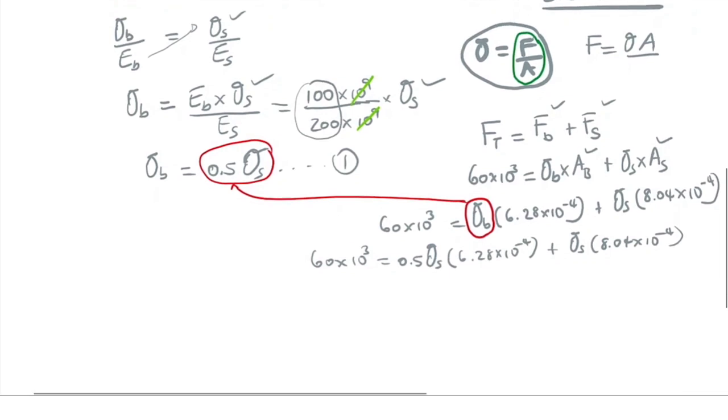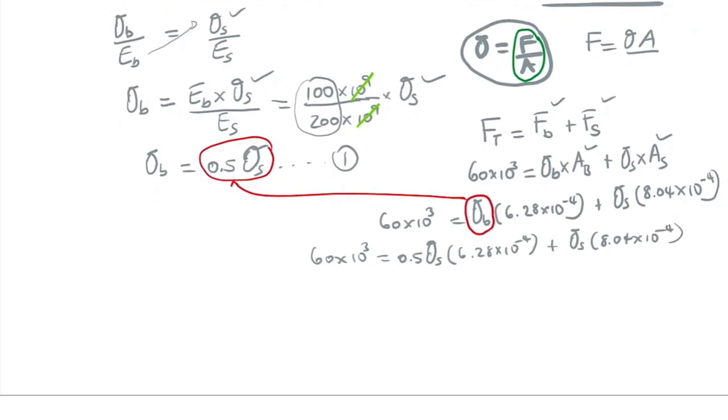Then all of this, the stress for the steel is equal to 60 times 10 to exponent 3 divided by 1.118 times 10 to exponent negative 3.